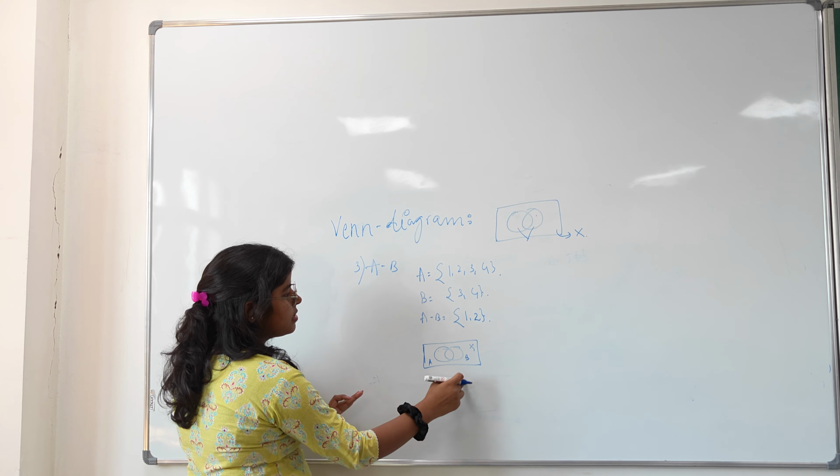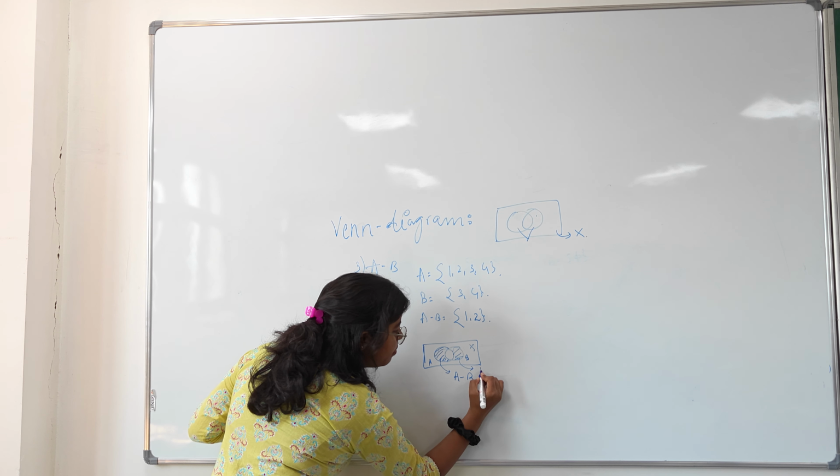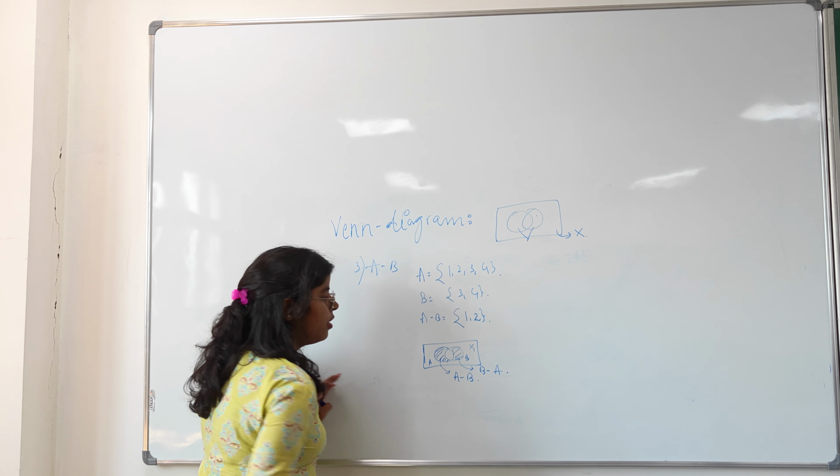This is our A and this is B. A minus B will be this portion because it excludes B's elements. Similarly, if you want to find B minus A, it will be this portion because it excludes the part of A. So it will be our B minus A.